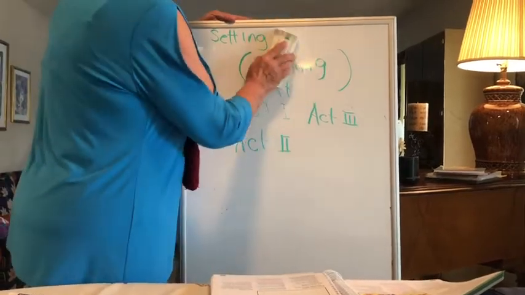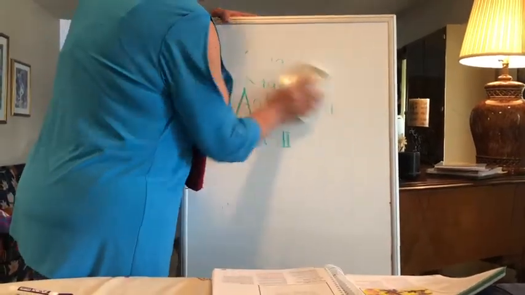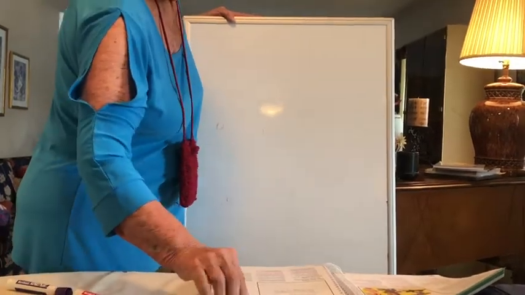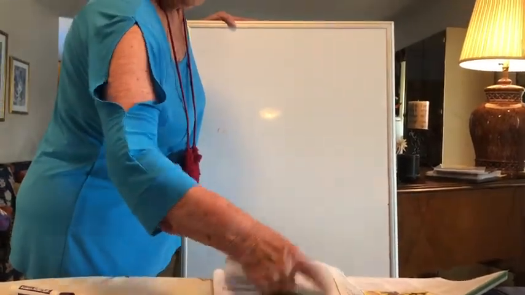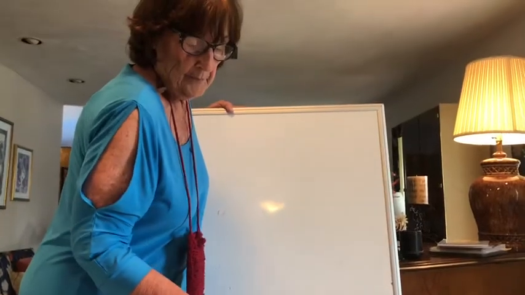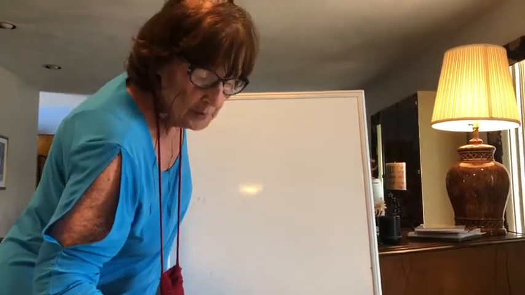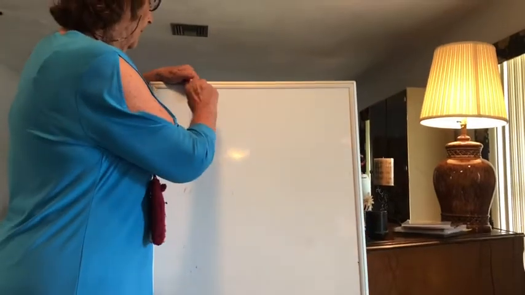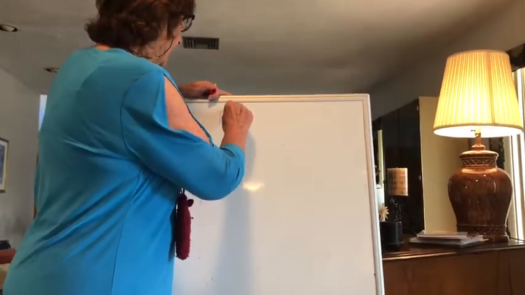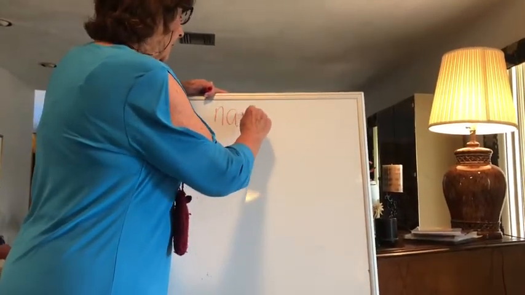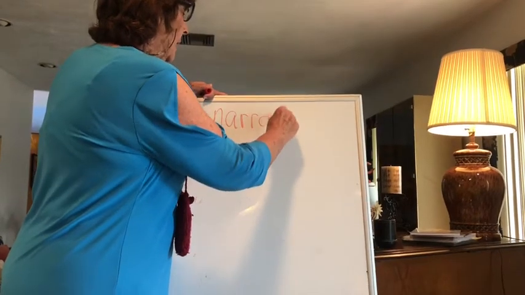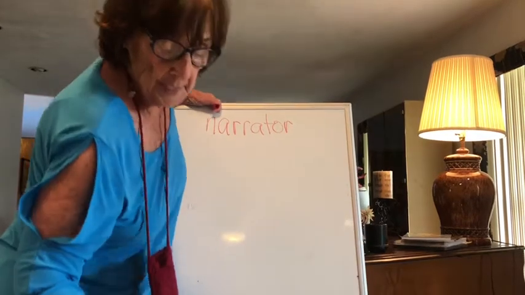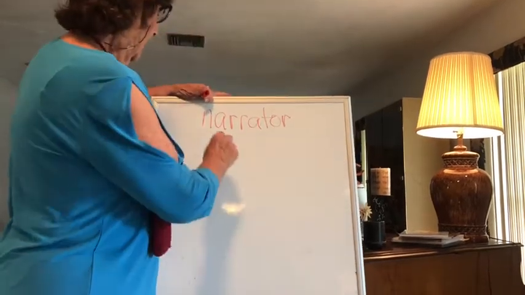Okay, we are up to Act 2. And before we get into Act 2, I'd like to go over some of the words that we will be using. Our vocabulary words, of course, is the word narrator. That's the storyteller. The next word is gingerbread.